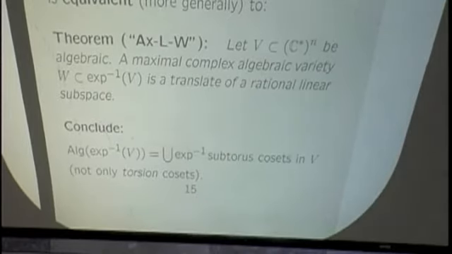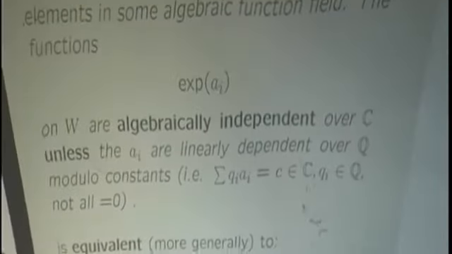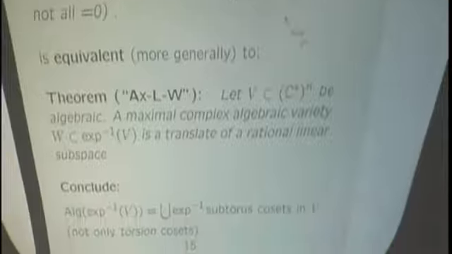However, the non-torsion cosets don't contain any torsion points, and so ultimately they play no role. So the algebraic part of Z is almost exactly what it needs to be for the exceptional case in Mann-Mumford.